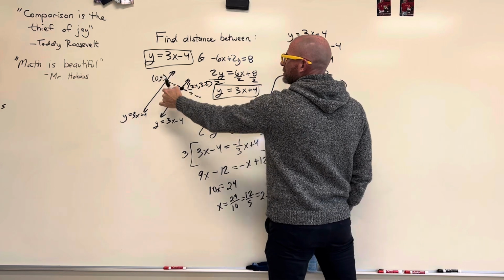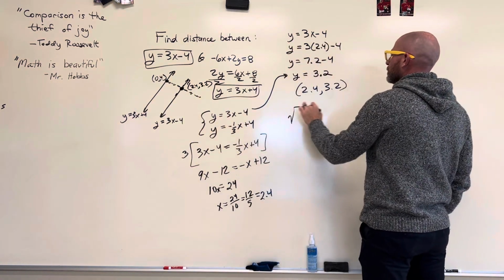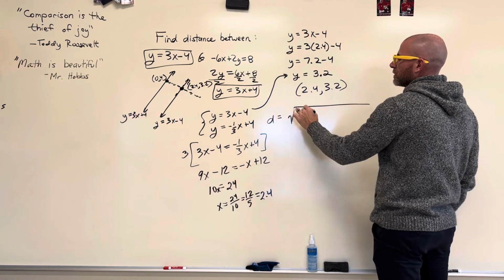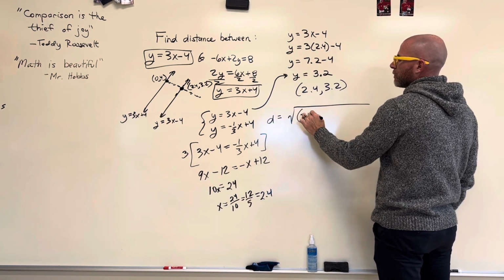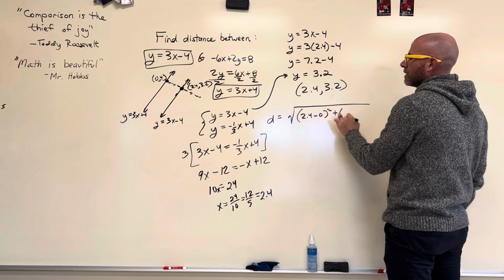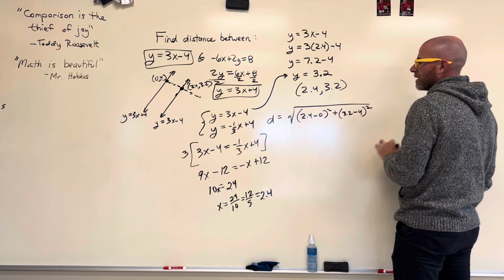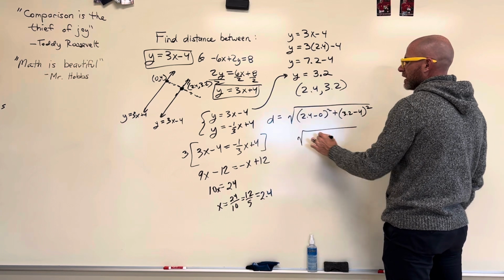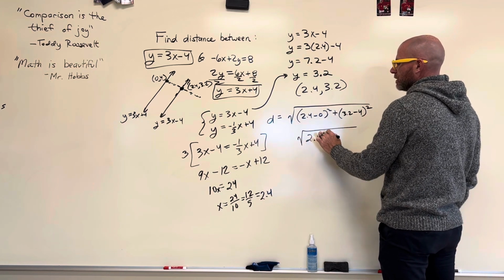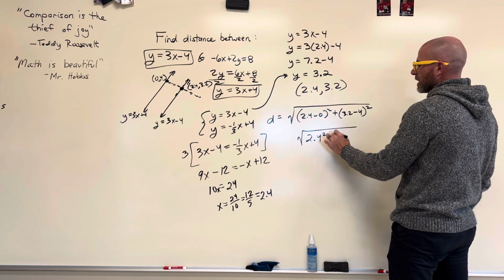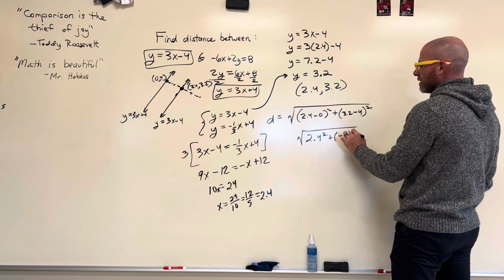And I need the distance between these two. So when I do the distance formula between my two points, I get 2.4 minus 0 squared plus 3.2 minus 4 squared. Simplify, and again, use a calculator if you need to. 2.4 squared plus negative 0.8 squared.